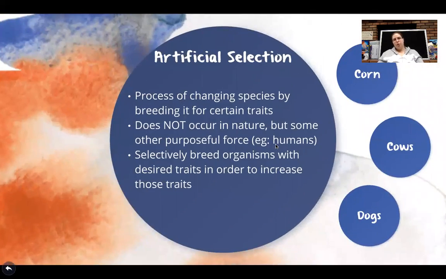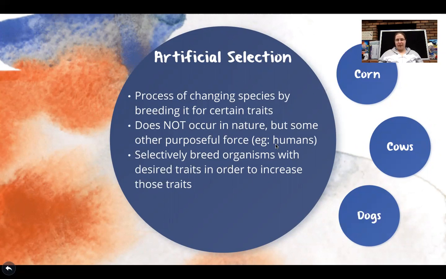All right, so artificial selection is kind of the opposite. It's similar to natural selection, but it's not natural. For instance, the term artificial kind of means fake, not real, not natural. So what is artificial selection? It is the process of changing species by breeding it for certain traits. So what this means is that we are choosing the individuals with traits we like, and we're only going to breed those.